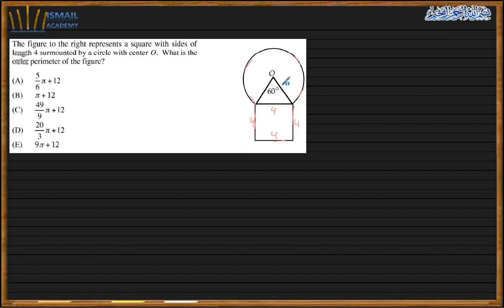So we know that this is 60 and this is a radius. You see, this is a radius. That means this is equal to this. That means this is an isosceles triangle, because those two are equal, so the base angles are the same. If this is the same and this is 60, this is going to be 60. So in fact I don't have an isosceles triangle, I have an equilateral triangle, so all the sides are equal.